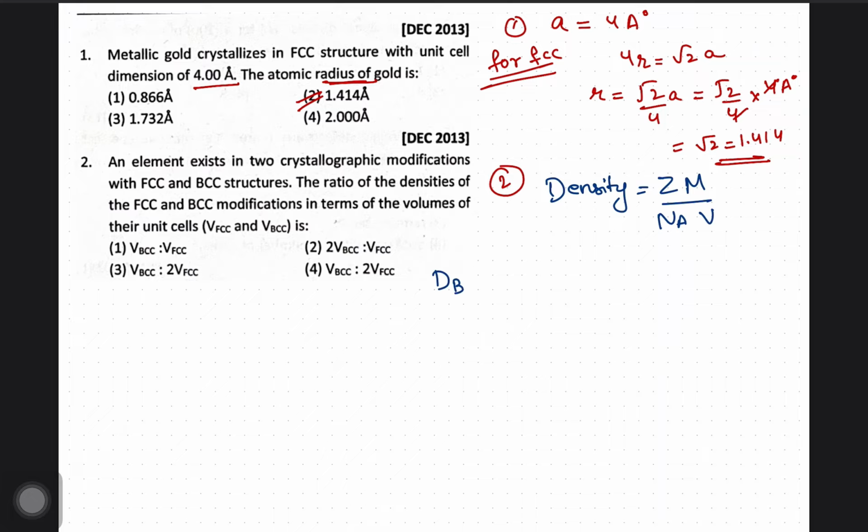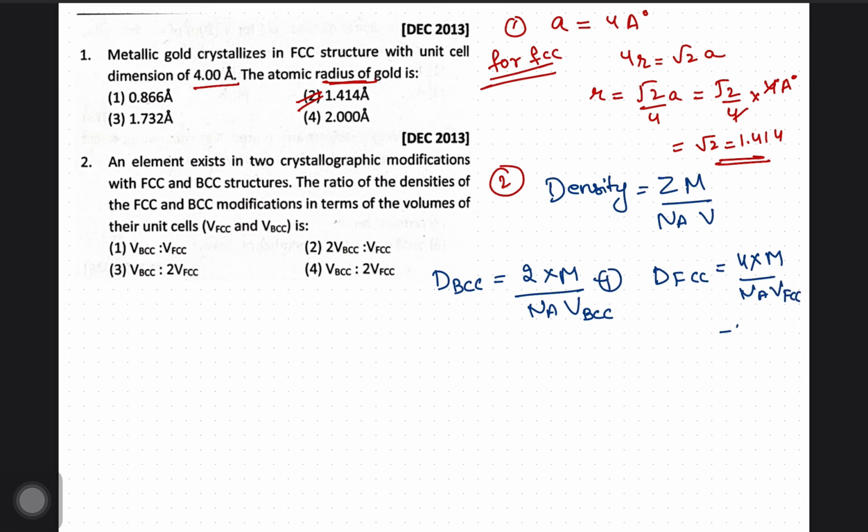For BCC the value of Z is 2, so density is 2 × mass / (Avogadro number × volume of BCC). For FCC it is 4 × mass / (Avogadro number × volume of FCC).